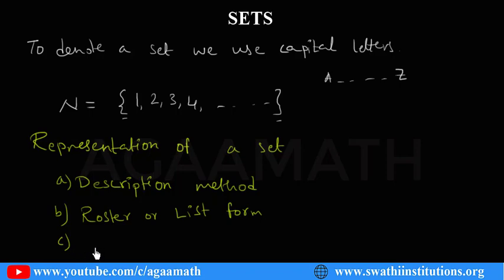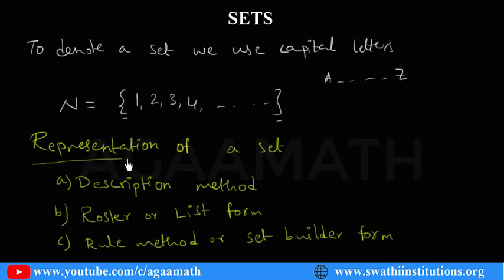And the third method is said to be rule method or set builder form. So representation of a set: we can represent a set in any of these three ways. One is description method, one is roster or list form, and another is rule method or set builder form, or you can call it rule form or set builder form.